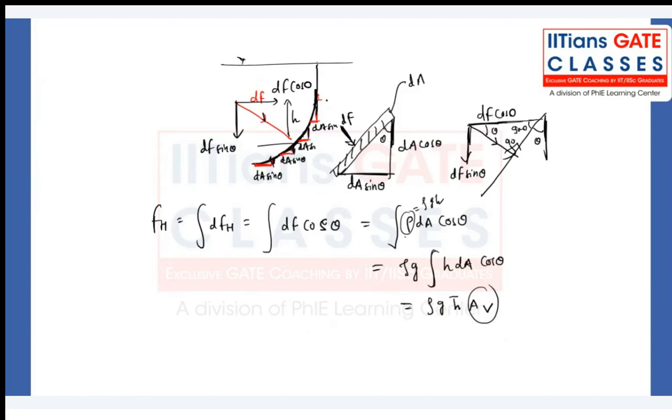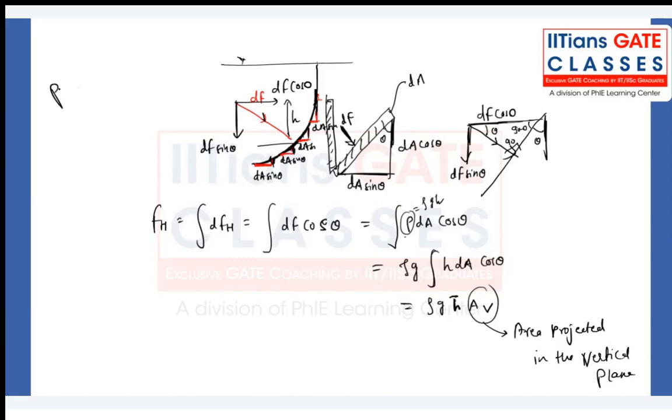Check it out. That is what we are getting, the area which is projected, because of the summation of that, right? And h bar is coming because of the centroidal thing. So h bar into area projected in the vertical plane.